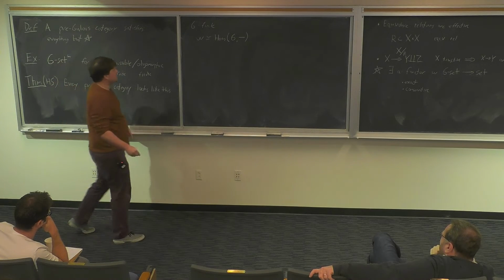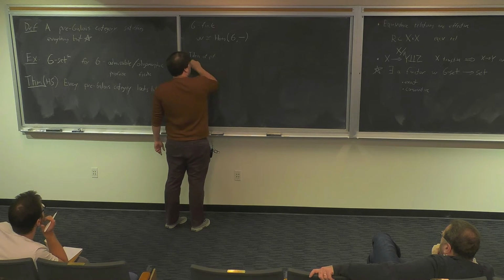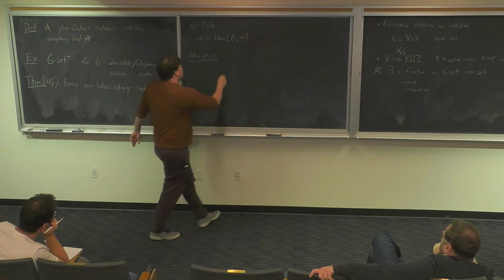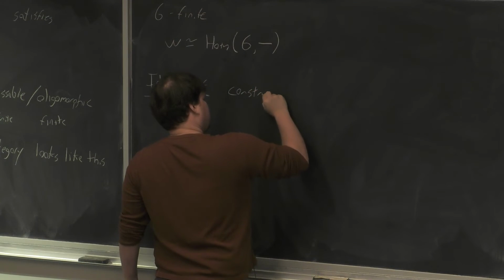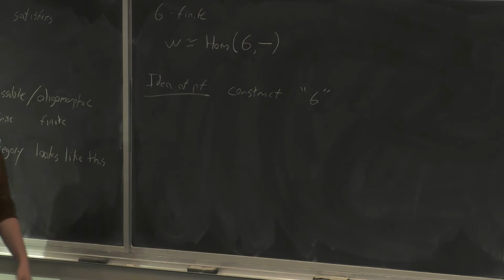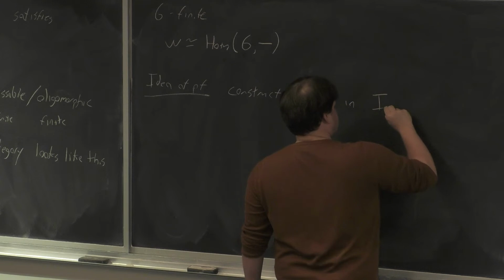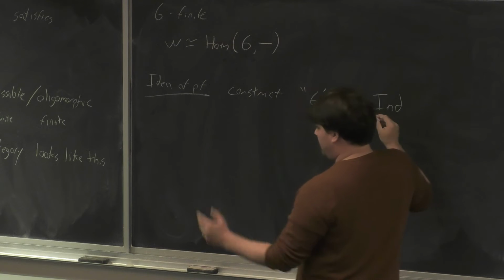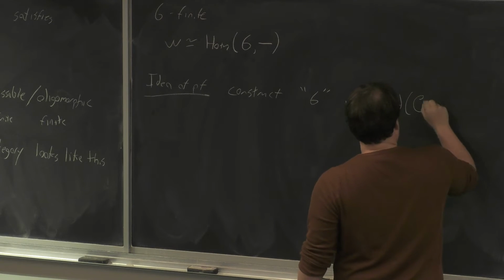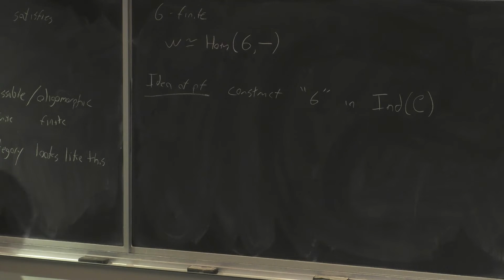And so the idea of the proof is we construct G as a kind of G-set, but really in this ind-category of our pre-Galois category C. So we construct something that plays the role of a torsor, and then the group itself will act on it on the other side.